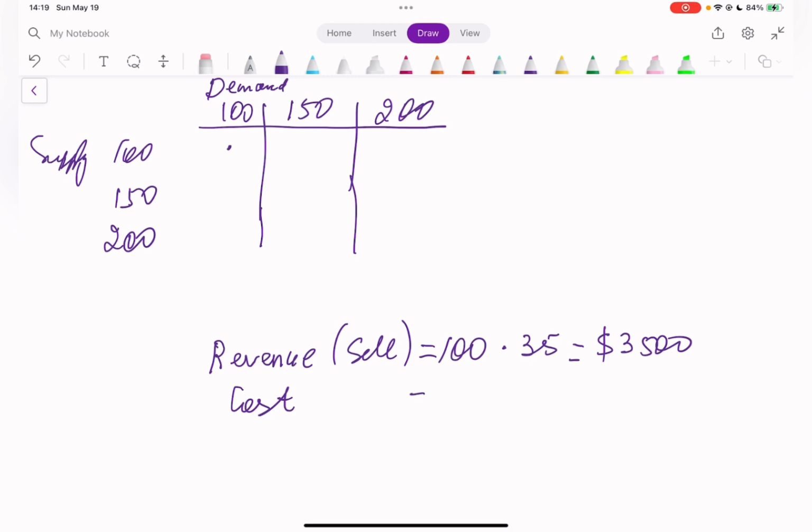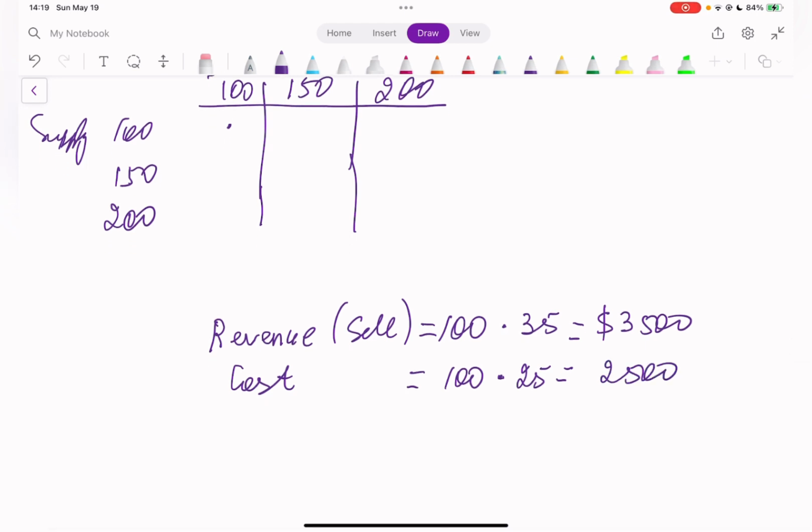It's gonna be 100 times 25, right? It's gonna be $2,500. So from here, the profit is gonna be how much? $1,000, right? $3,500 minus $2,500, it's gonna be $1,000. The answer here is gonna be 1,000.